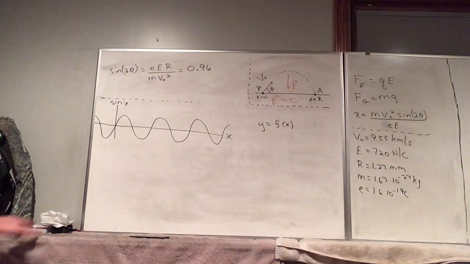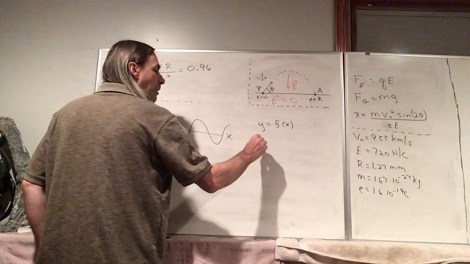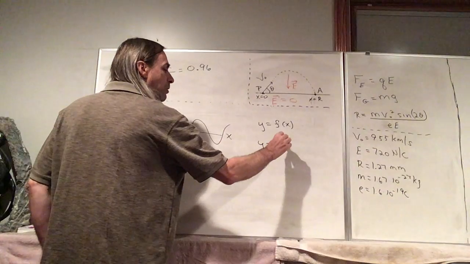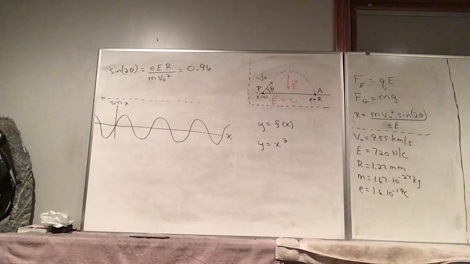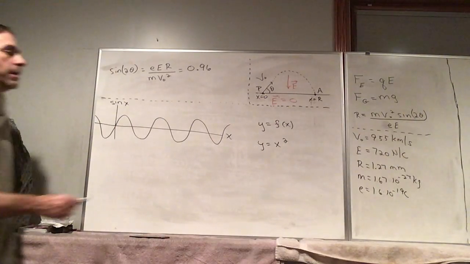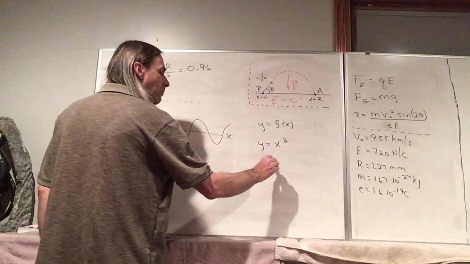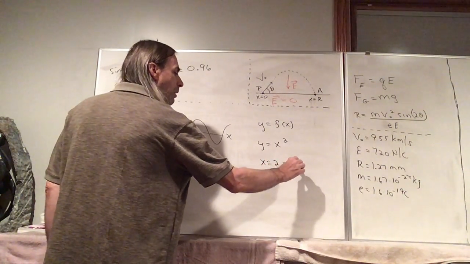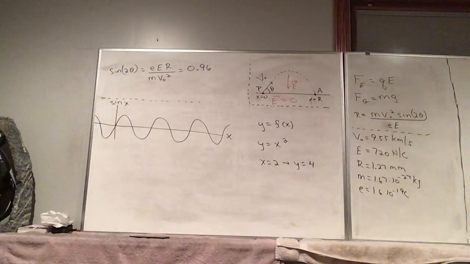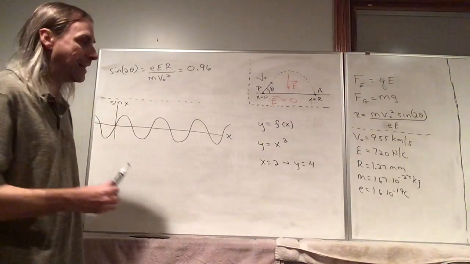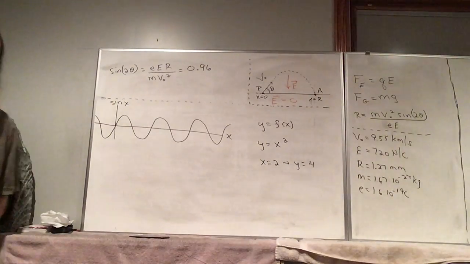Say y equals x squared. If I give you x, you know exactly what y is. There's no question about it. If x is 2, then y is 4. There's this rule where you plug in x and you get exactly one y out of it, and there's no question about what that is. That's a function.